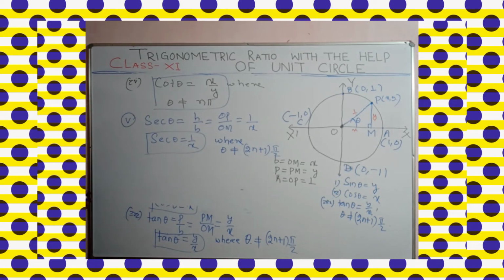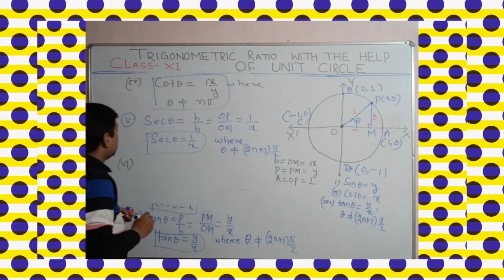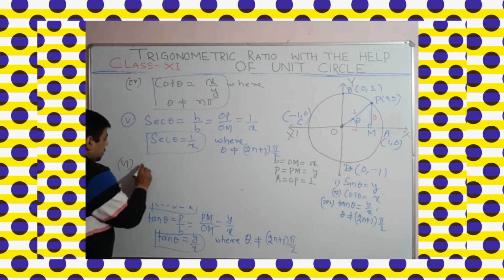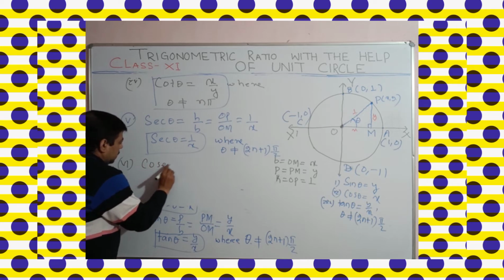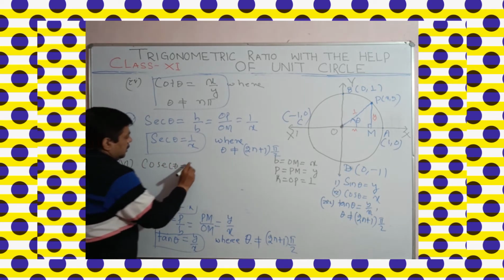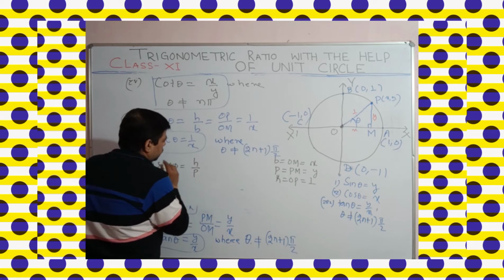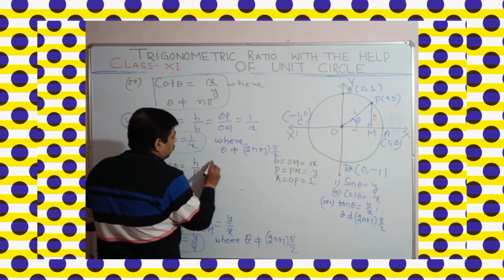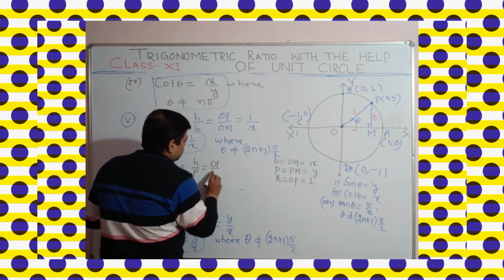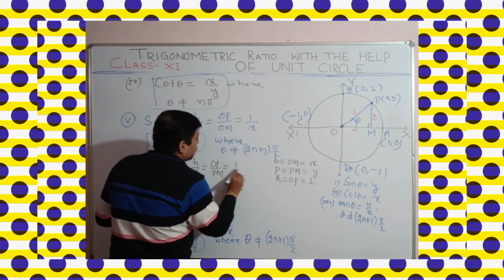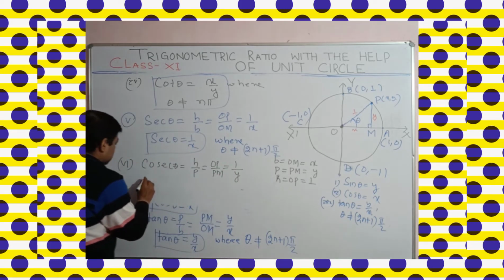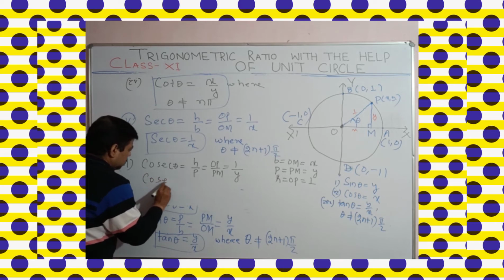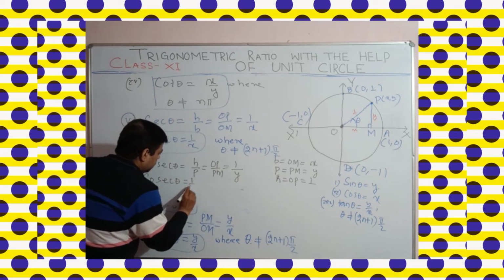Is it clear? So the last point is cosec theta, and cosec theta similarly is hypotenuse by perpendicular, opposite. Here it will be OP upon PM, and it will be 1 upon y. So cosec theta is equal to 1 upon y.